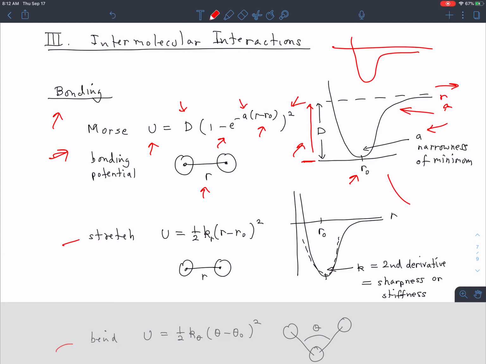For a small, it's a broad minimum. For a large, it's a sharp minimum. And so those three parameters, D, a, and r0, control the shape of the Morse potential.